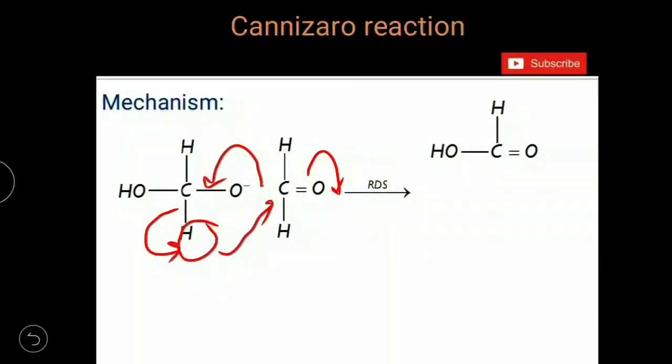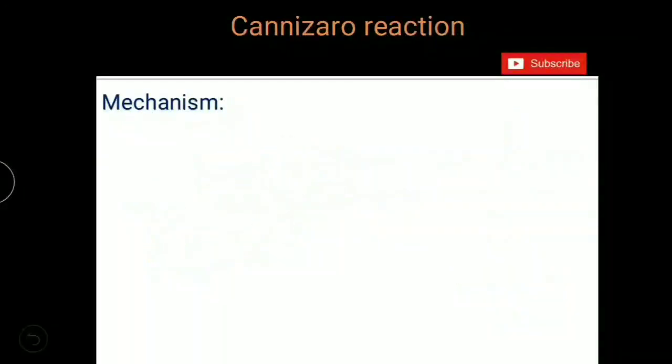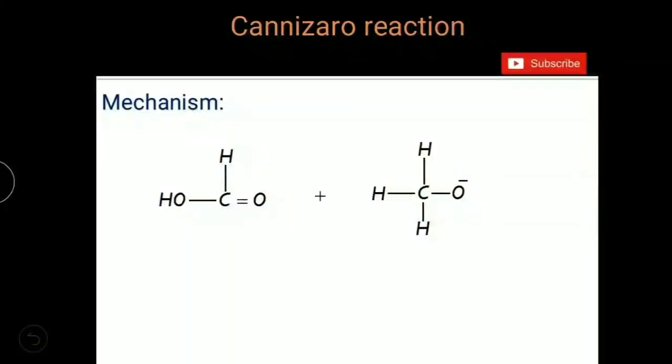formic acid and alkoxide ion. This is formic acid. Another product is alkoxide ion. Alkoxide ion is a strong base. Formic acid is highly acidic, so it leaves H plus ion.